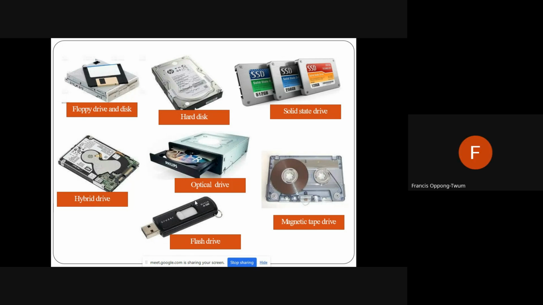Yeah, it is already there, but I think the solid state drive is outsmarting it, because most of the computers that we have are coming with SSD. If you go to the market and buy a computer, you will see SSD, and that is the current one. Okay, let's move on.